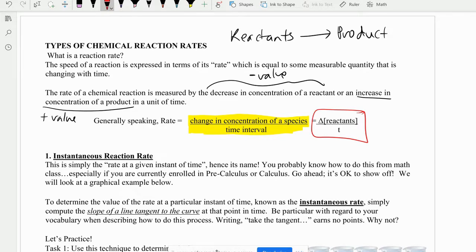You probably have already learned this in previous science or math classes, but when you see that delta, that means change in, right? When you go to calculate the change in something, you always need to take the final value and subtract it from the initial value, okay? So final minus initial, rather. And then you're going to divide that by an increment of time, okay?